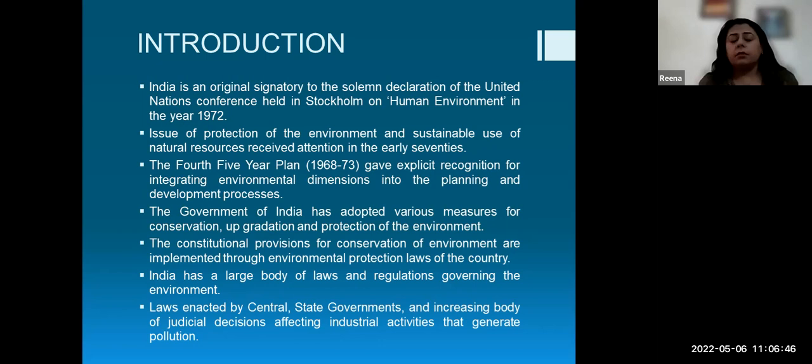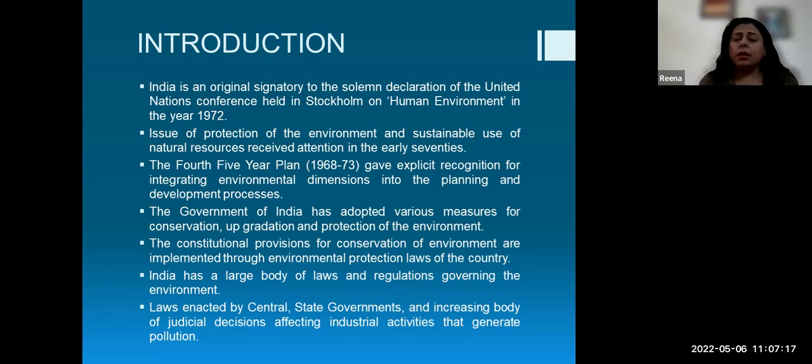There are related acts, and the LARR act, Land Acquisition, Rehabilitation, Resettlement Act. Some acts are so lengthy and so voluminous that we cannot cover each and every clause of every act. So we'll be discussing the key features of every act so that you have an overall perspective regarding what the clauses are and what the penal actions available under our environmental acts are.